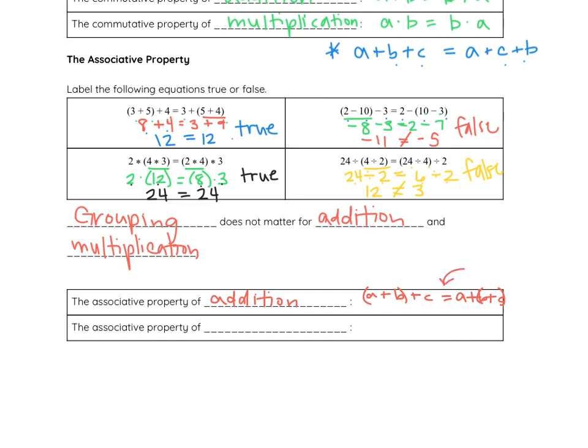That's true. The associative property of multiplication is similar. If I do A times B times C equals A times B times C, but I group the first two, that's going to be equivalent to if I group the last two.